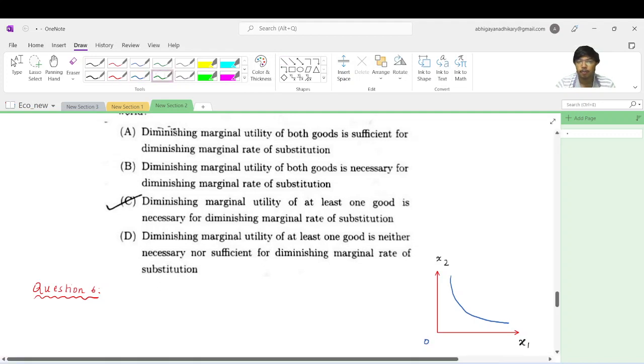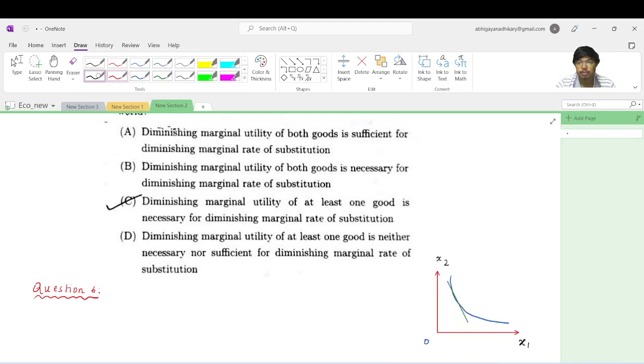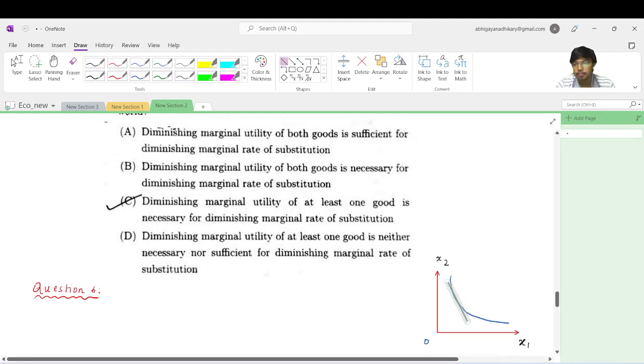That the slope of the indifference curves gradually keeps on falling. As you can see from these figures, the tangents are gradually becoming flatter, so the marginal rate of substitution gradually falls.